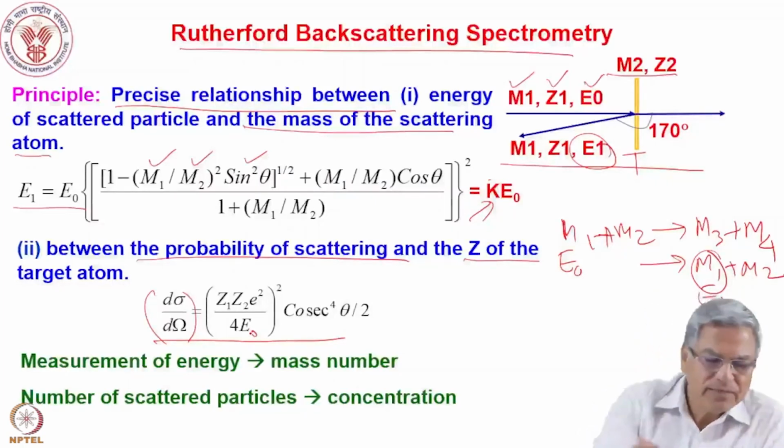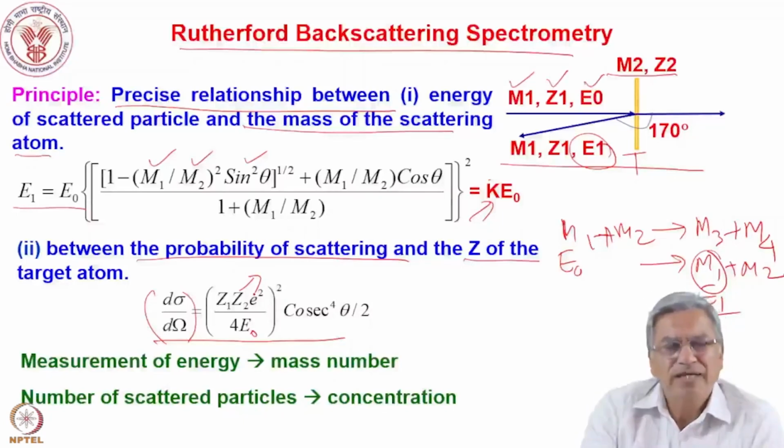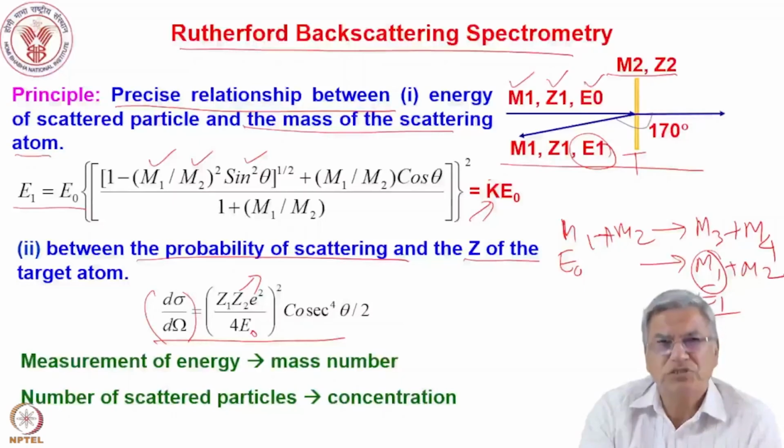So you can see here, higher the Z of the target nuclei, higher is the cross section. So this will be made more clear, that for higher Z nuclei, the sensitivity is higher. Cross sections are higher, meaning there will be more events.